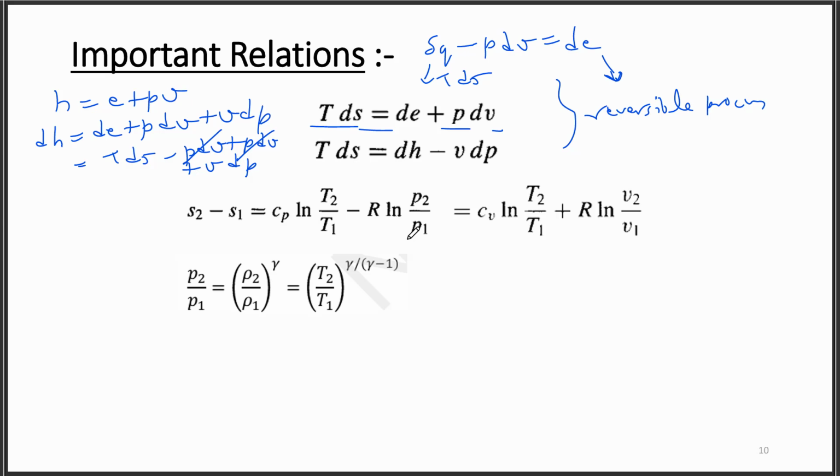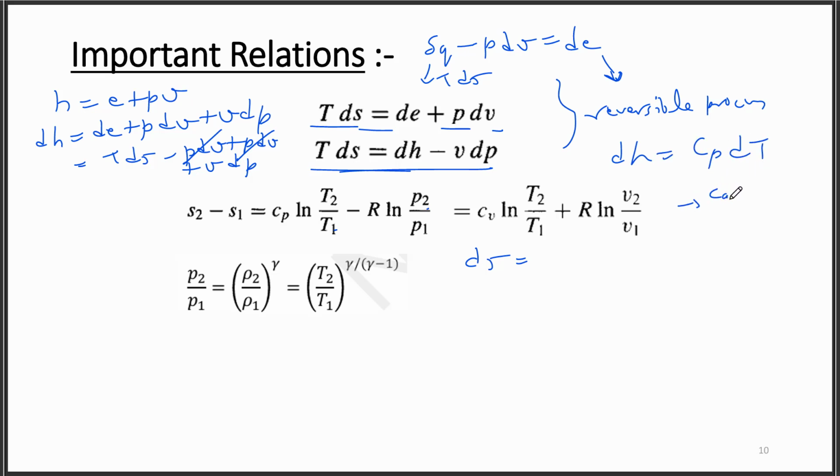Now let's find the formula for entropy. Here you can see this is in terms of pressure and temperature, so we'll use this relation. If we divide both sides by T, then dS equals, and one more thing, dH is nothing but Cp dT.